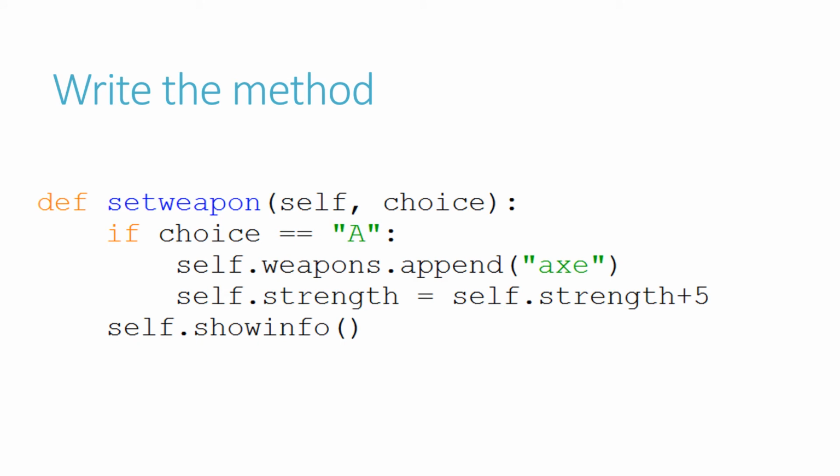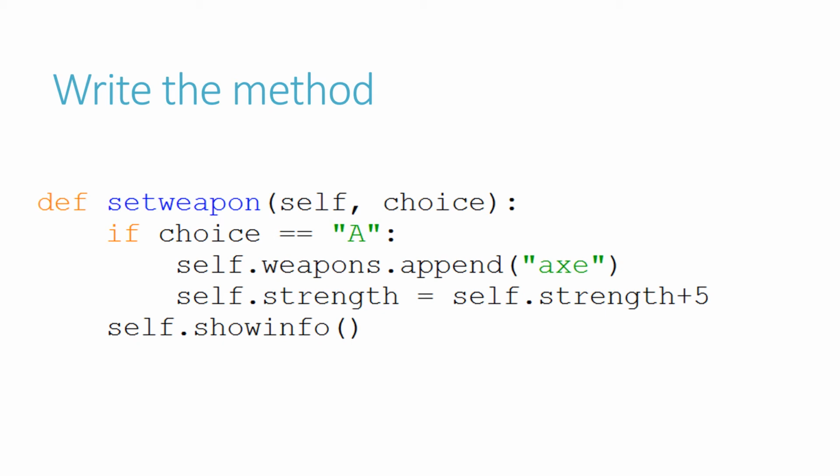So here's the method. I have only added one option. That's the option to add an axe to the list of weapons, and the axe increases strength by 5. And then I've used the Showinfo method. So this is an example of me calling a method from inside another method, and that's to show the change in the character.